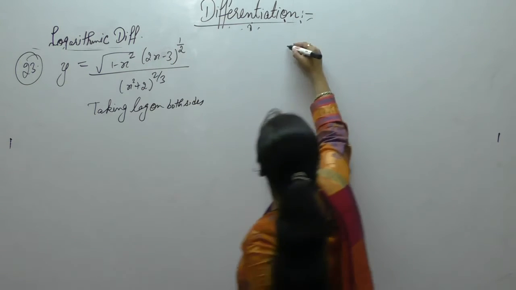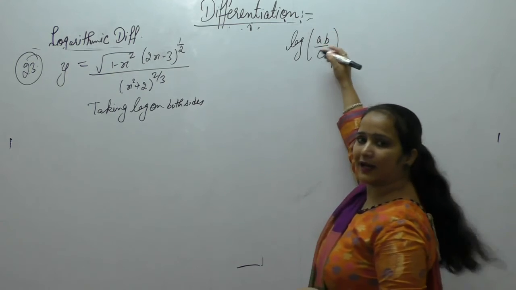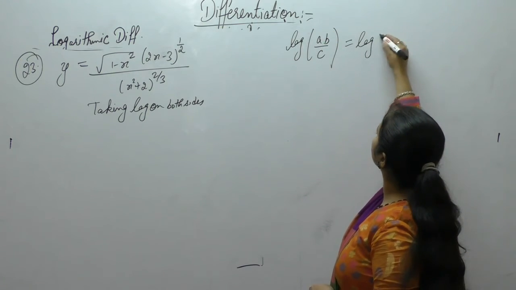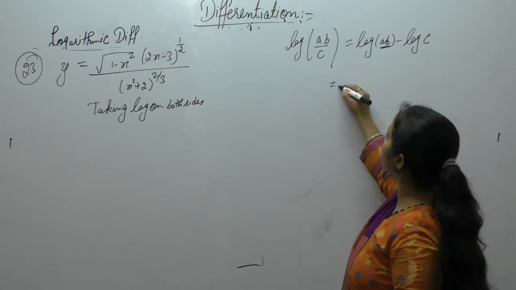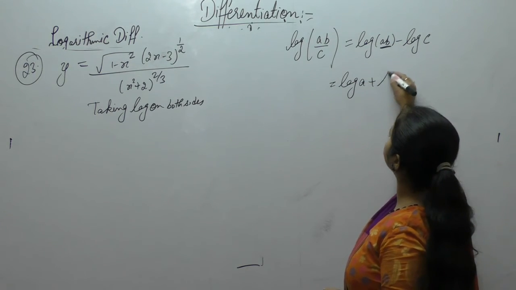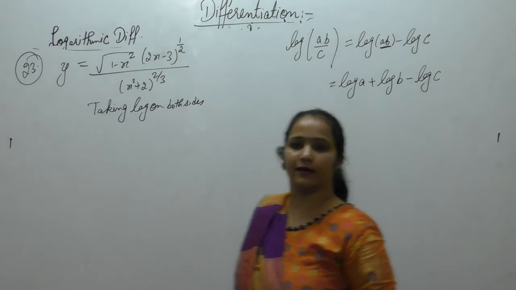so on the right hand side let one term be a, b and c. Log of a upon b क्या होता है हमारे पास? Log a minus log b. Now when log of a into b, log of a plus log of b, and minus log of c is here. Clear?